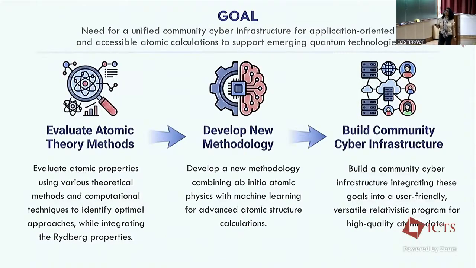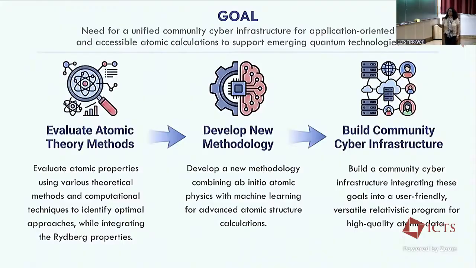So the goal here is to build a unified community cyber infrastructure for various applications. And there are three main objectives. It's kind of a proposal, which is work in progress, but I'll show you what we have developed so far. The first objective is to evaluate atomic properties using various theoretical methods, and also within a method, compare different computational techniques to identify which is the most optimal technique to use for our calculations, and also integrate Rydberg properties within that platform.